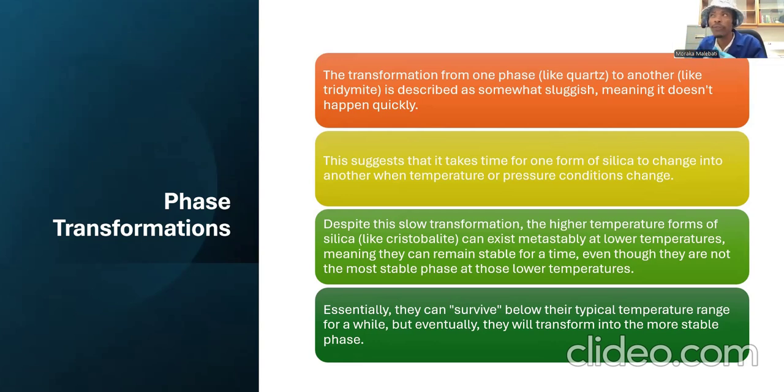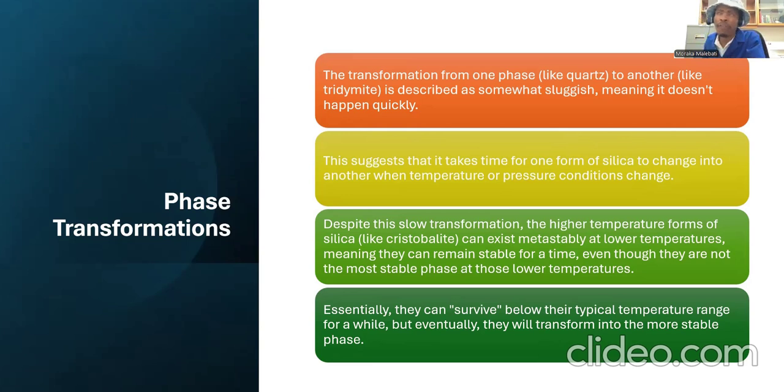For some time, it can withstand those temperatures, but with time, it will feel like, no, I'm not comfortable in these conditions, and then it will transform. Essentially, they can survive below their typical temperature range for a while, but eventually they will transform into a more stable phase where they are comfortable.